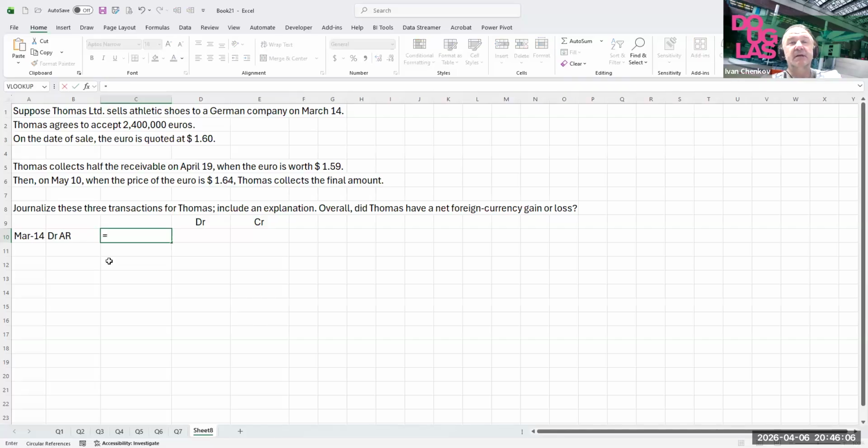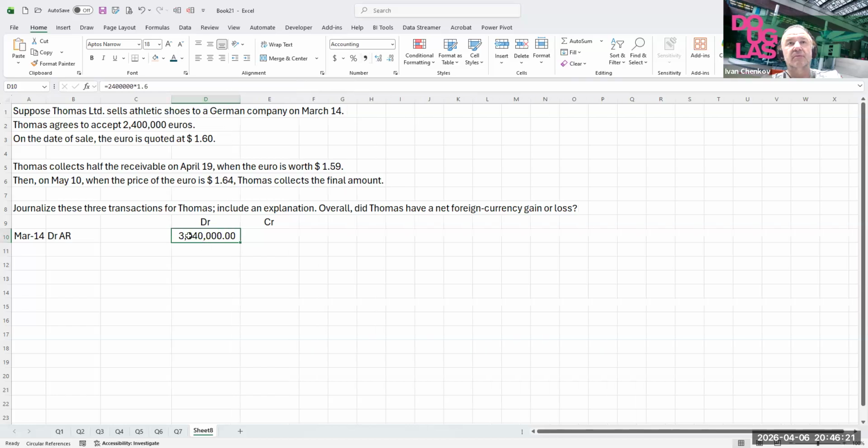So his accounts receivable is 2.4 million euro times 1.6. So he has to collect 3,840,000 Canadian dollars.